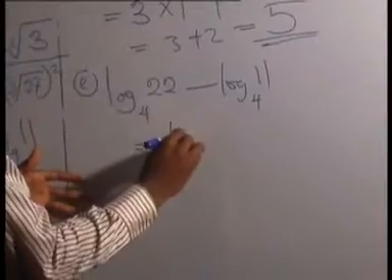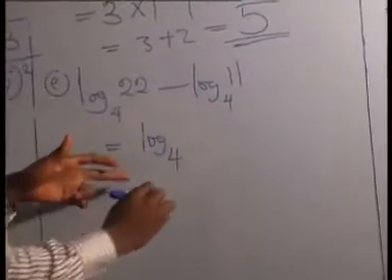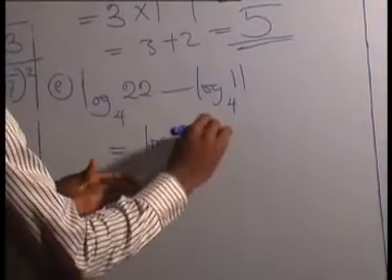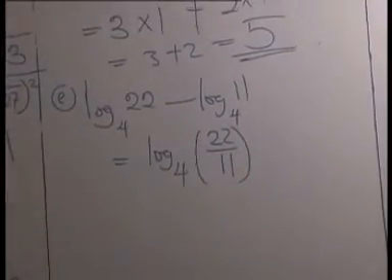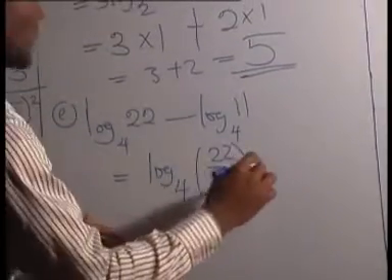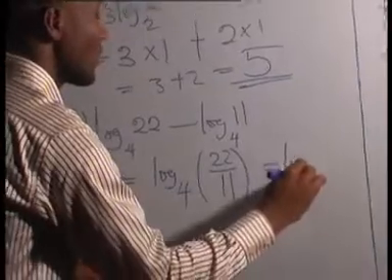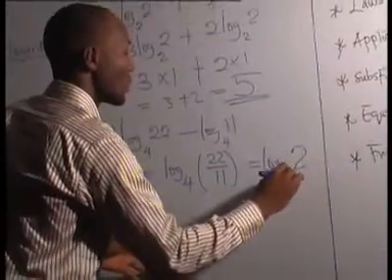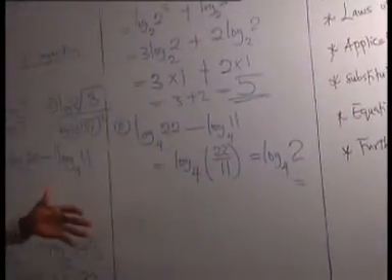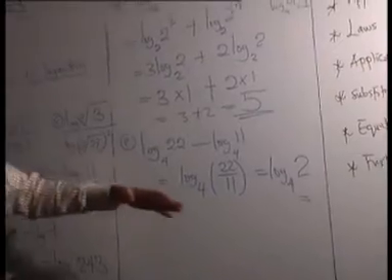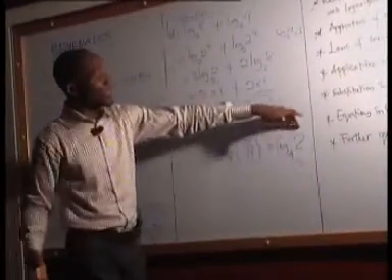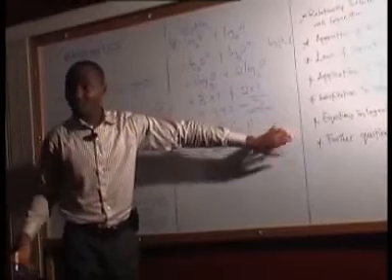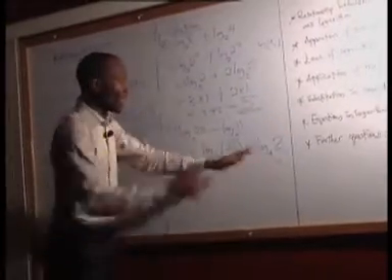So that we have log of 22 divided by 11. So 22 divided by 11, we are going to have 2. Log 2 base 4. It's not easy to solve, but there's another law, the reciprocal law, that we can actually interchange the logarithm and its base. And you now have a reciprocal.